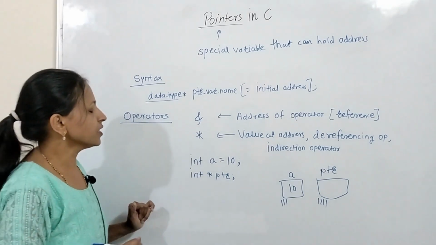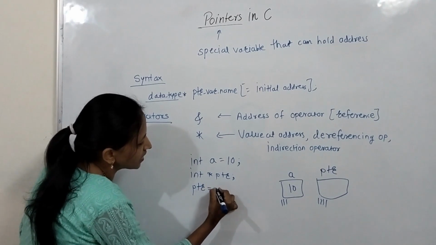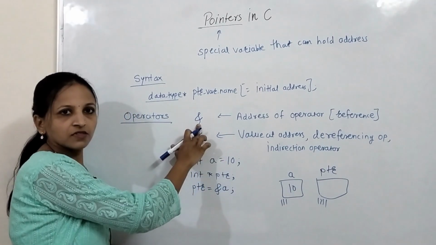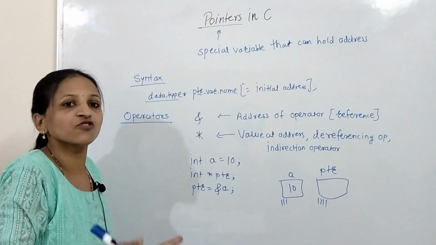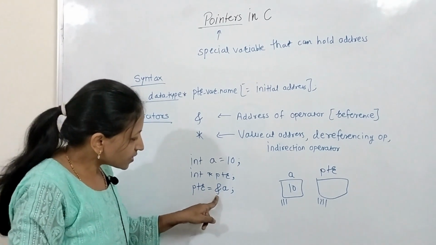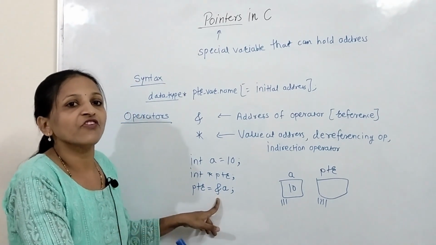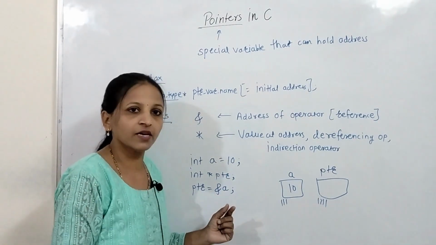Now see, here I am writing this statement: ptr = &a, with this operator. This is called a reference operator, or you can call it an address of operator. The address of operator always gives you the address of a variable. We have to use that operator with a variable name.